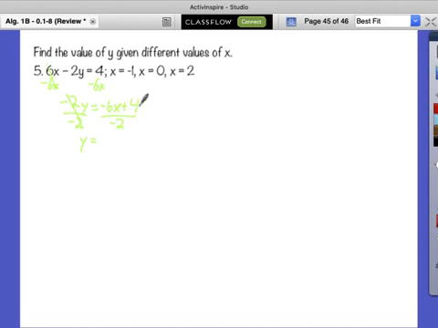Yeah, so we can actually simplify that out. Before, if we look up at number 1, did 2 go into both 15 and -6? No, so we wanted to stop there. But here, -2 goes into both of these, so we can divide both of them. So what's -6 divided by -2? Yep, 3x. And what's positive 4 divided by -2? -2. So we end up with y equals 3x minus 2.